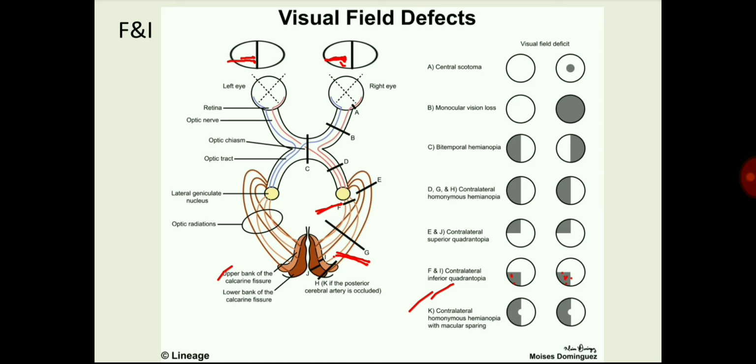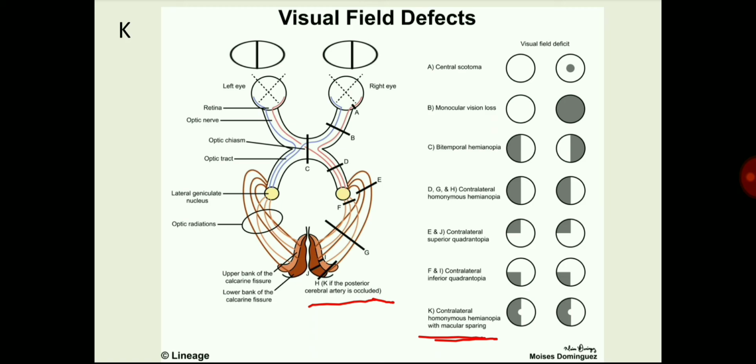Now look at site K, or this lesion to the visual cortex. If only one artery, that is the posterior cerebral artery, is occluded, it will produce a condition known as contralateral homonymous hemianopia with macular sparing.